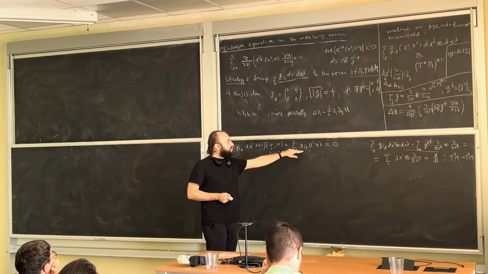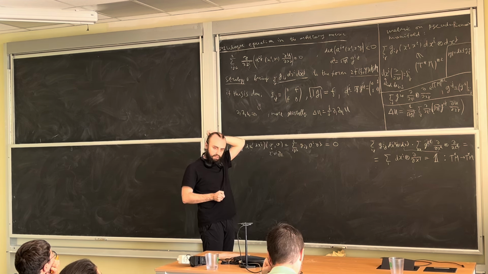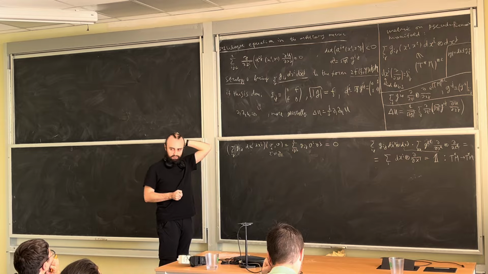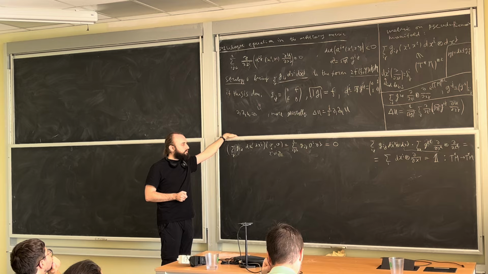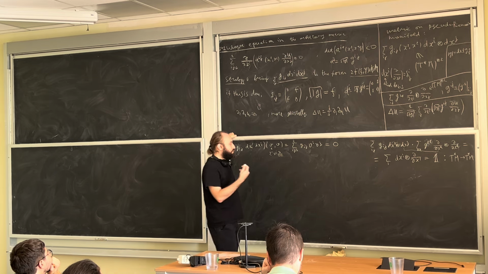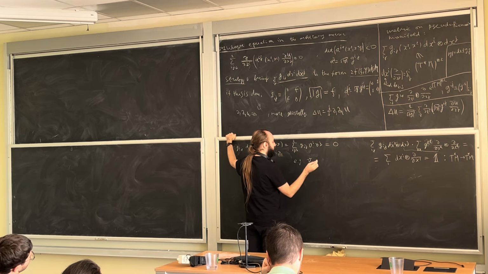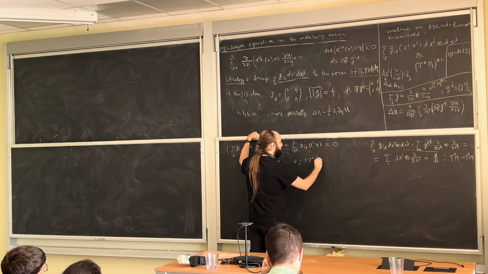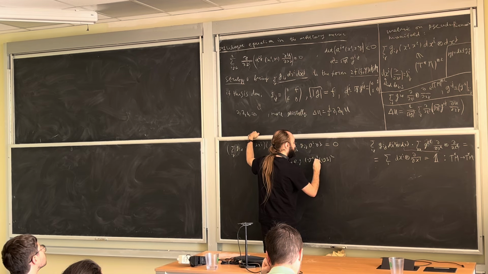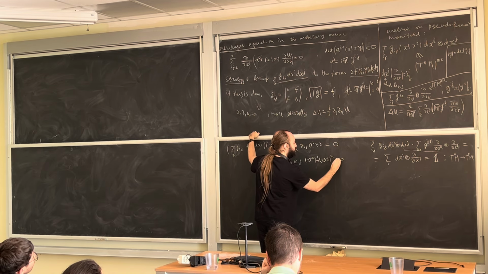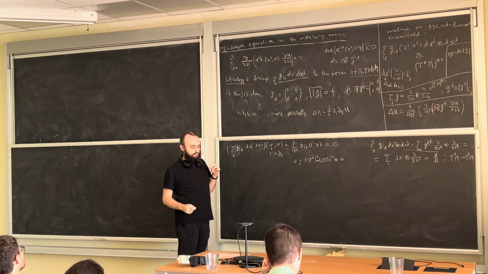So what do you think? How many solutions does this equation have? So for example, it is something like vx squared minus vy squared equals to 0. It has two solutions, well, two up to the overall factor.